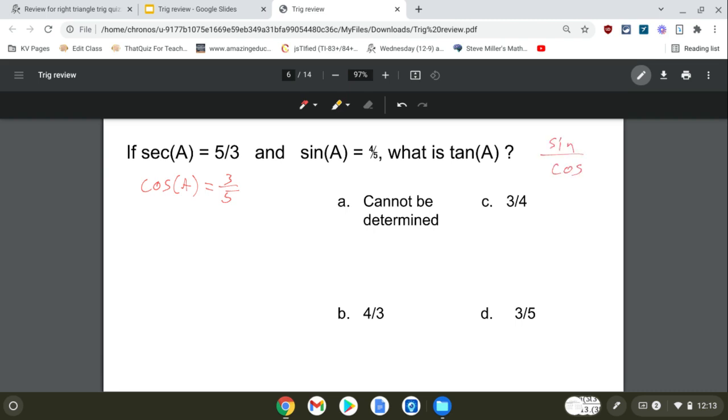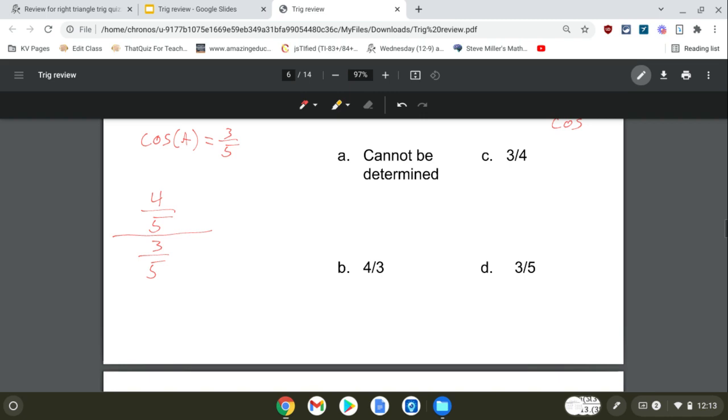So that's what I'm going to do to find tangent here. I'm going to do 4/5, which is my sine, over 3/5, which is cosine. You could divide these doing keep, change, flip, but basically the 5s are going to cancel with each other, and you're going to get 4/3.